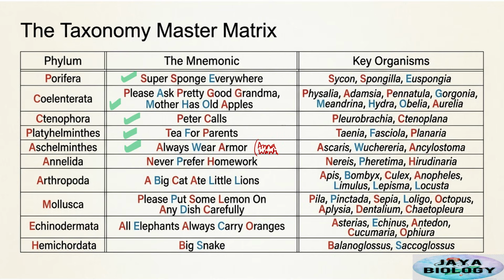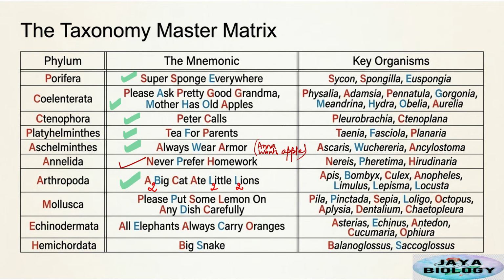I've given it this way because I found it very easy. Then Annelida, never prefer homework. Arthropoda, a big cat ate little lions. So here you have to add two here, two here and two here. Remember, this is the way to learn it.